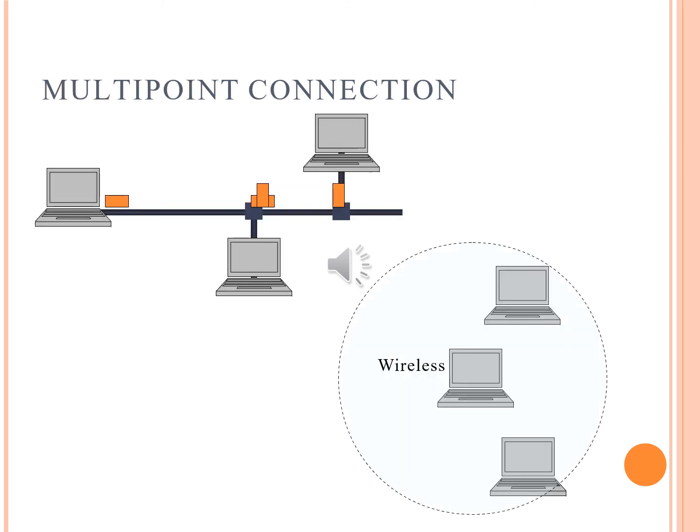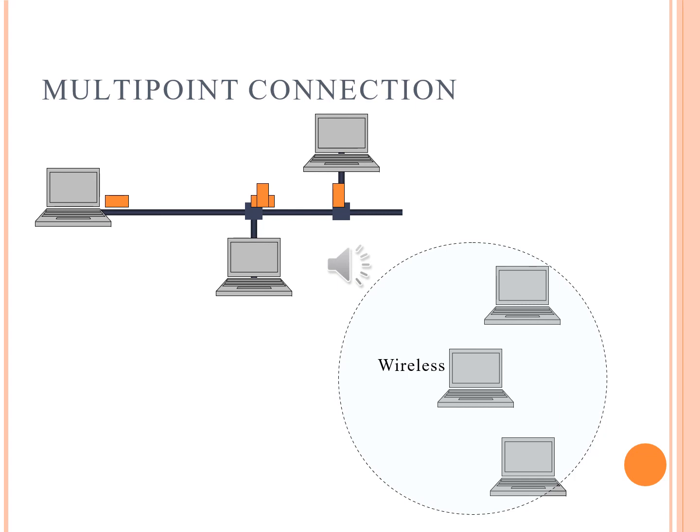Now students, let us see how a multi-point connection works. Multi-point means we have multiple systems available, and all those systems are connected with a single network. If we have two computers and we connect them with each other, that is point-to-point connection. Or we have two devices, anything which is two, connected with each other.